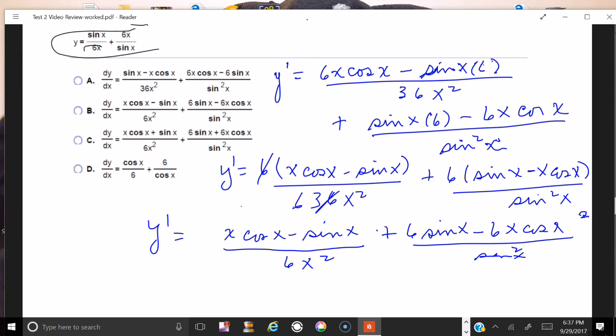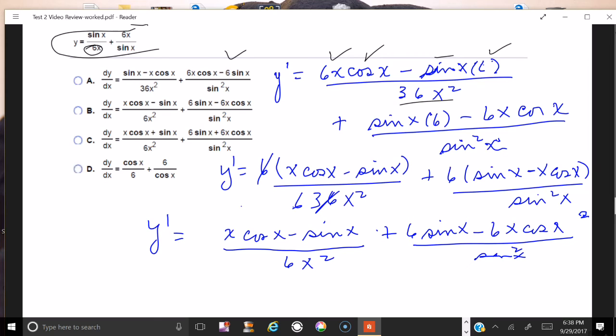That's the denominator, which is 6x, times the derivative of the numerator. Derivative of the numerator is cosine of x, minus the numerator, which is sine of x, times the derivative of the denominator. Derivative of 6x is 6, so that's just 6, all divided by the denominator squared, which is 36x squared.